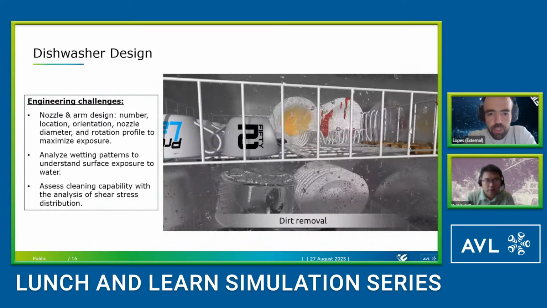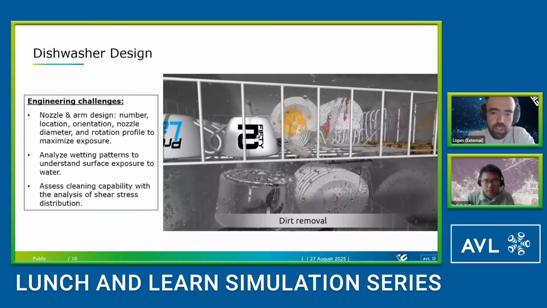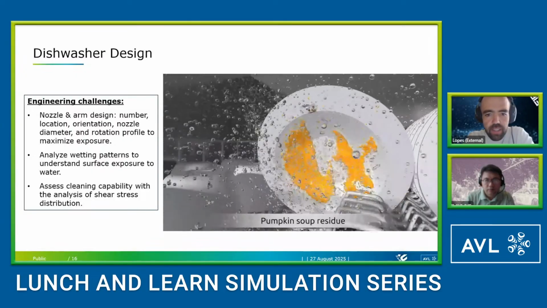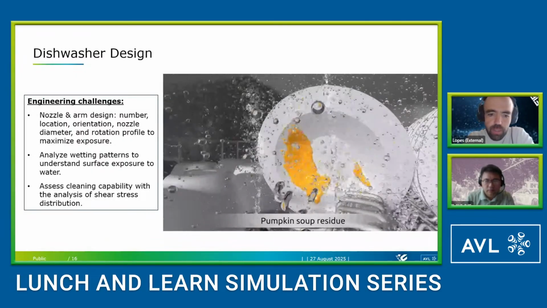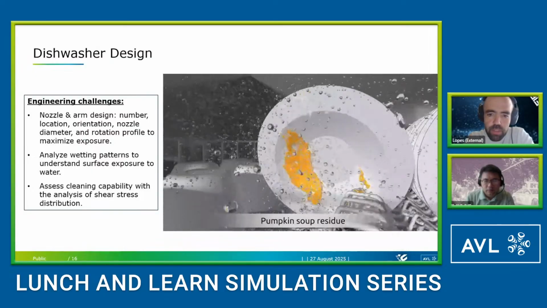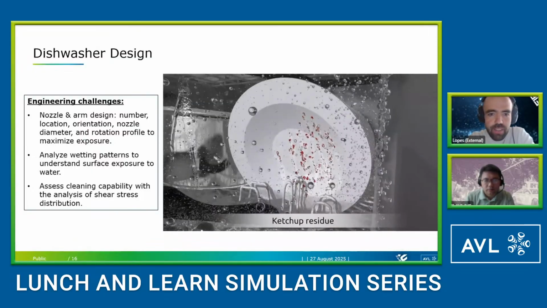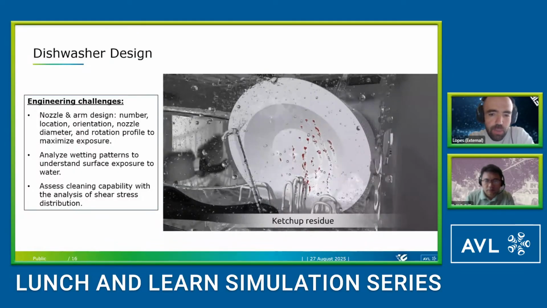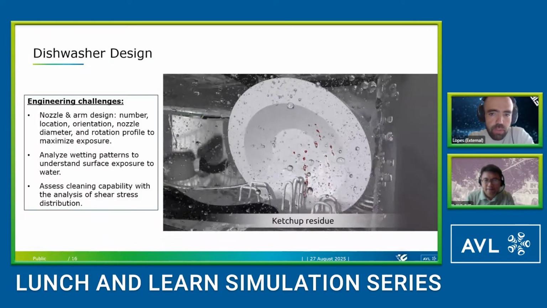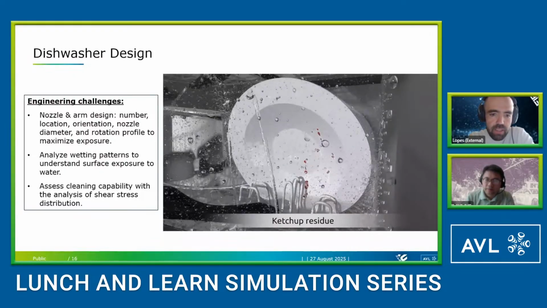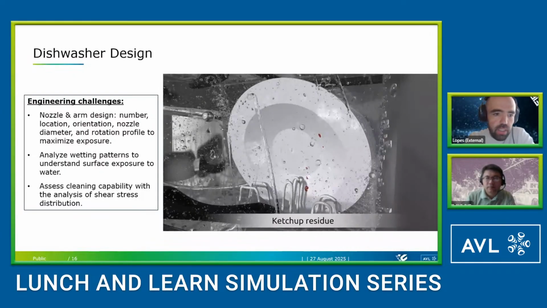The final showcase that we are showing today is the dishwasher. In this case, we have non-Newtonian fluids, pumpkin soup and ketchup, as leftovers on the plates. With this simulation, we wanted to get insights into the design of the nozzles on the arm.